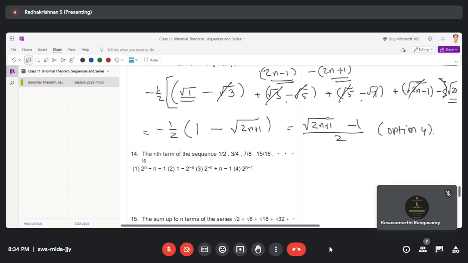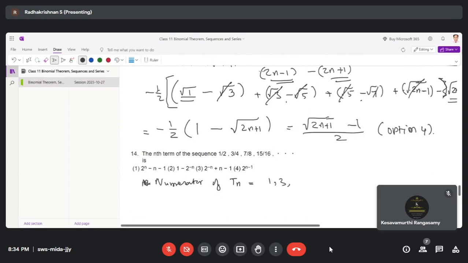So now you see what is the numerator. I will put numerator of Tn, so in the series, Tn, you can see 2n minus 1.